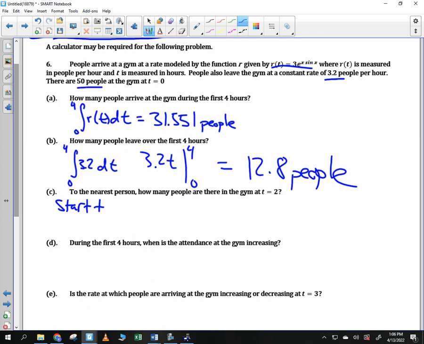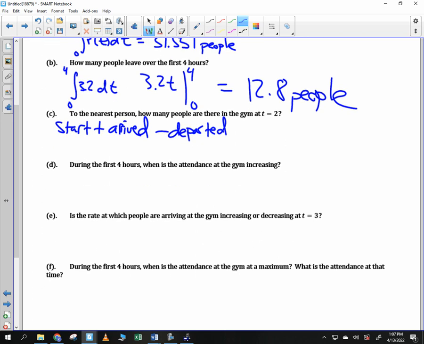Start plus the number of people who arrived, right? Then what? Minus the people who departed, right? Everybody on the same page there? We need the number of people who started, add the number of people who arrived, and subtract the number of people who departed, right?